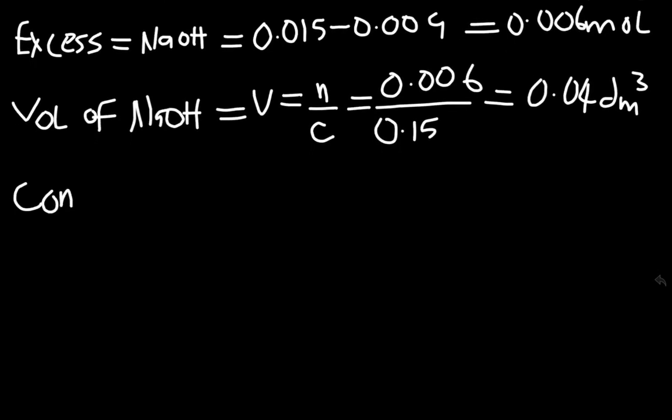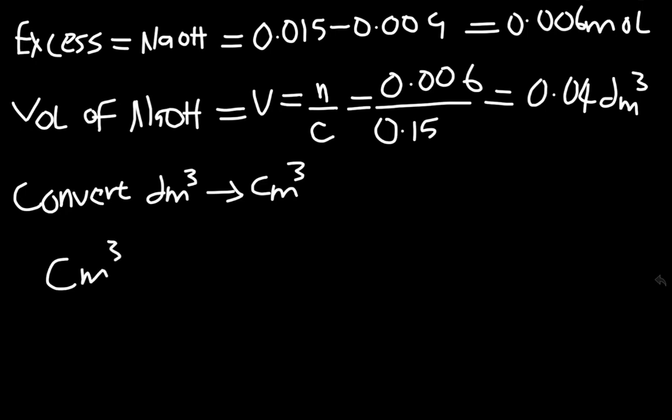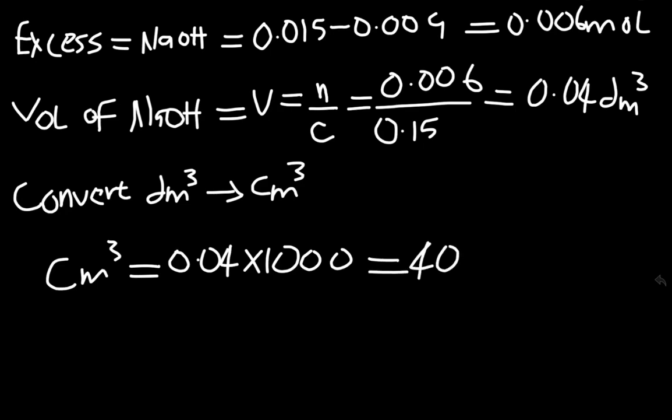To convert dm³ to cm³, we multiply by 1000. So the volume in cm³ will be 0.04 times 1000. If you punch your calculator, you arrive at 40 cm³.